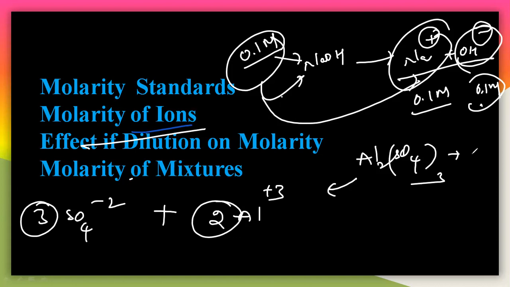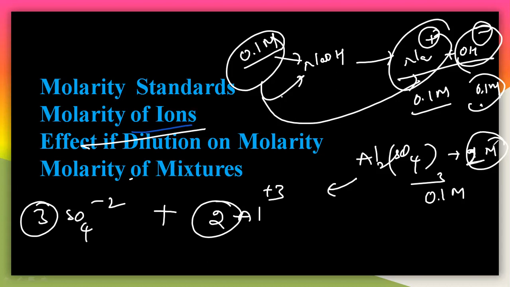This is the molarity. I'm taking 1 molar, or you can take 0.1 molar. Whatever it may be, sorry, let us not take one, let us take it as 2 molar. So the total solution Al2(SO4)3 has a concentration of 2 molar.